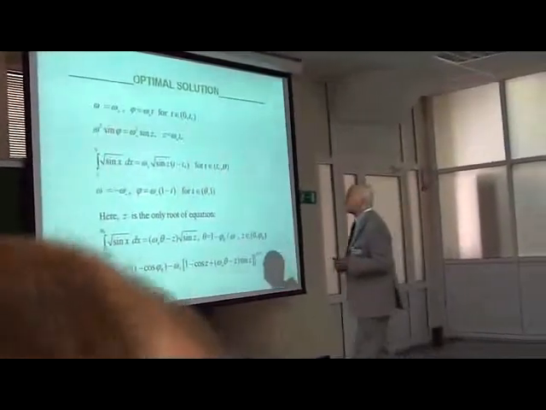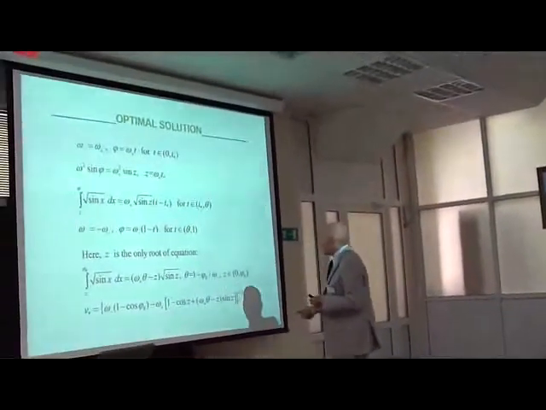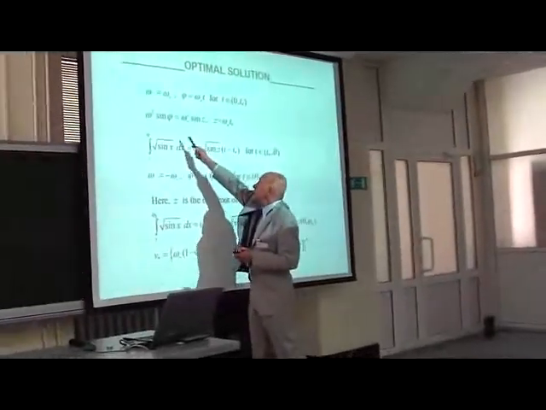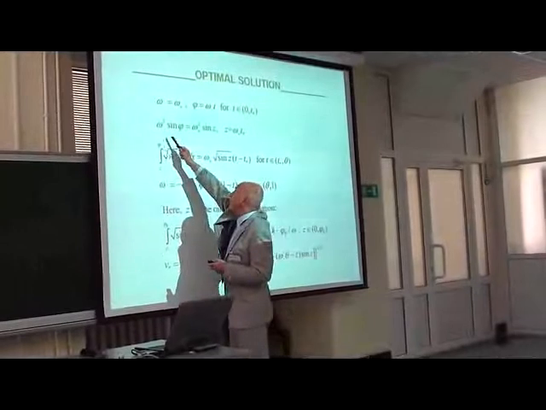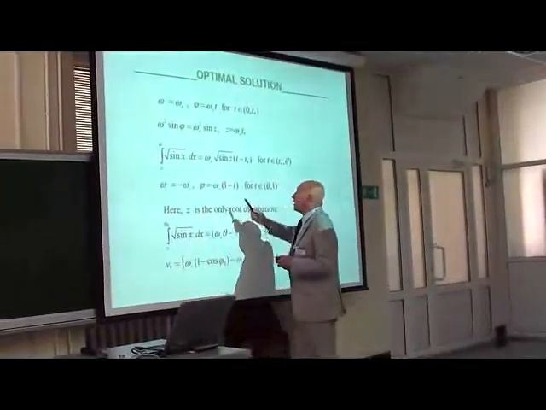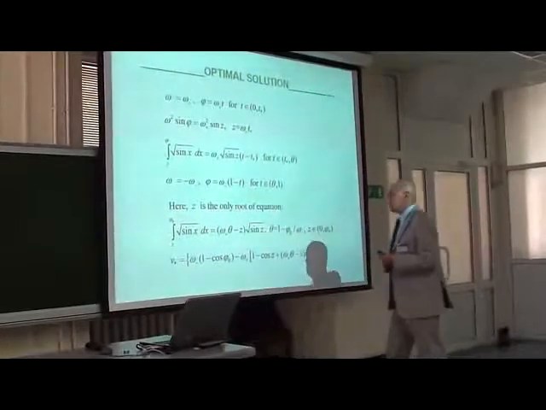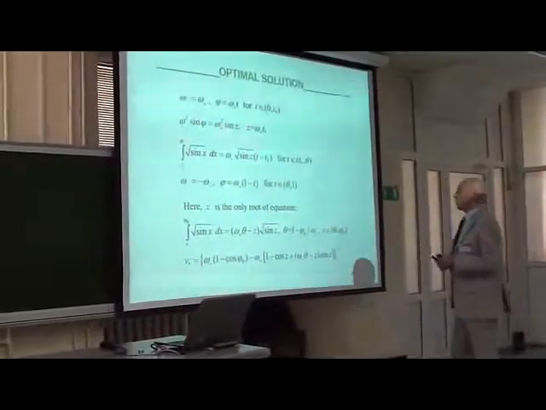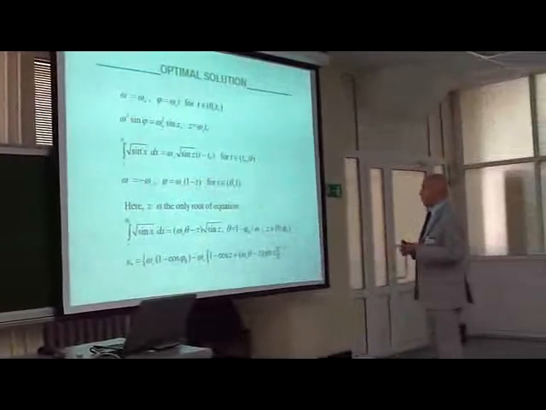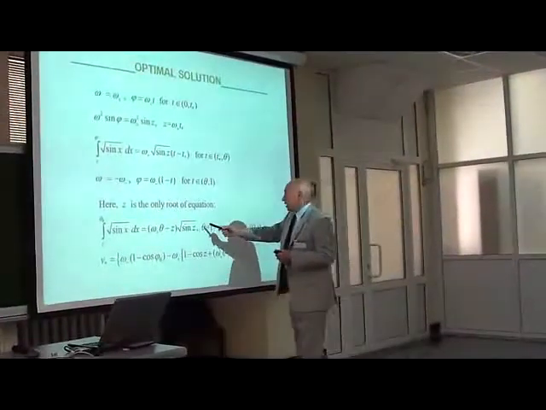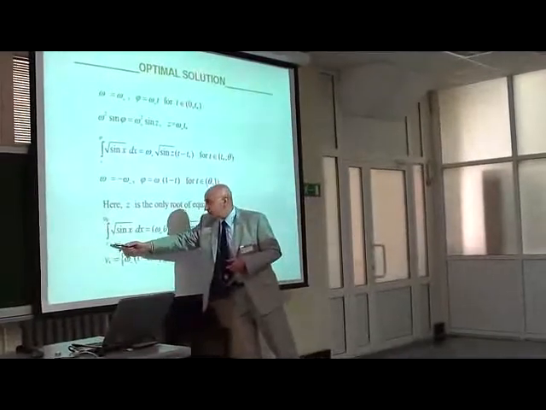We have here the equation which describes omega as a function of phi, and by integrating it, we come to these results. So to find the solution, we must first solve this transcendental equation for z.